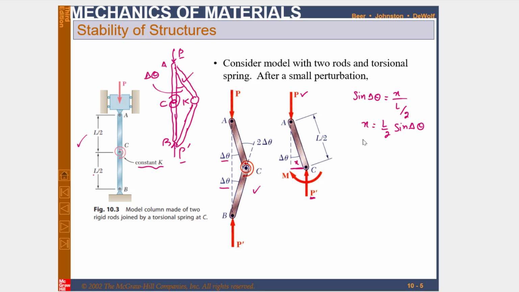So this perpendicular distance is L by 2 sine of delta theta. Due to this force into the perpendicular distance, there will be a couple, or moment, and that moment is equal to P into L by 2 sine of delta theta.